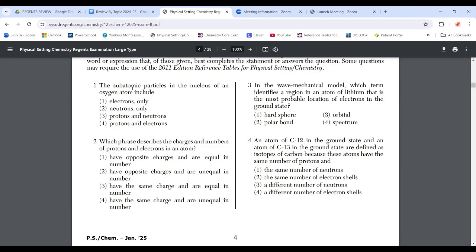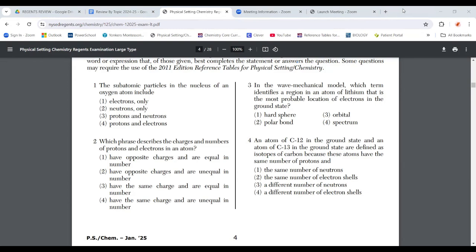First question, the subatomic particles in the nucleus of an oxygen atom. So a couple of key words that we've talked about before, which would be what are subatomic particles? You need to know that subatomic particles are protons, neutrons, and electrons. And you also need to know which ones are located in the nucleus and which ones are outside of the nucleus.